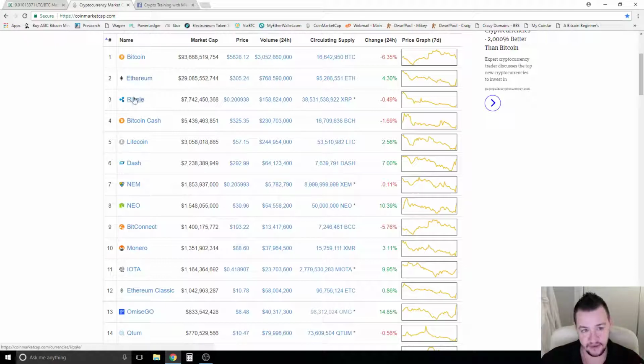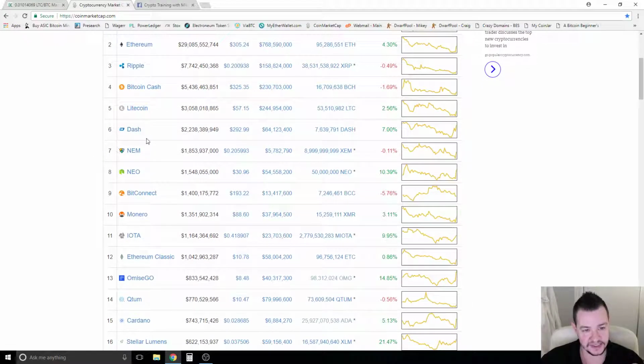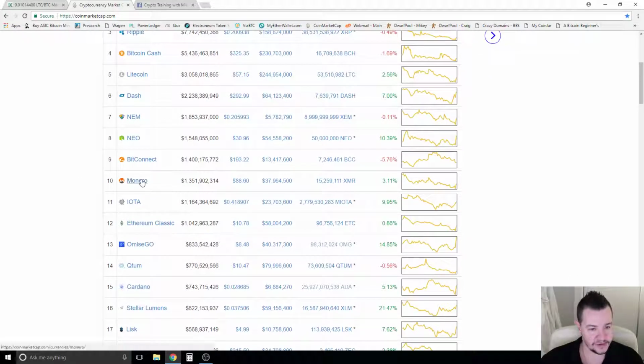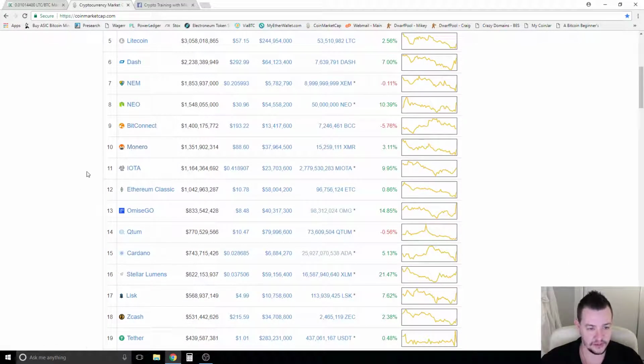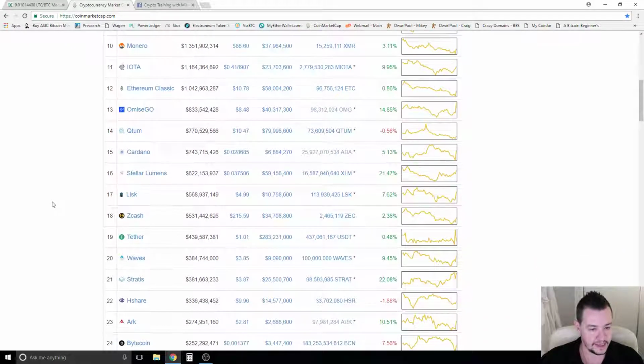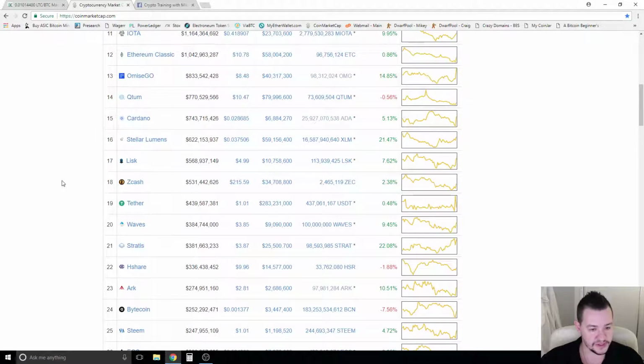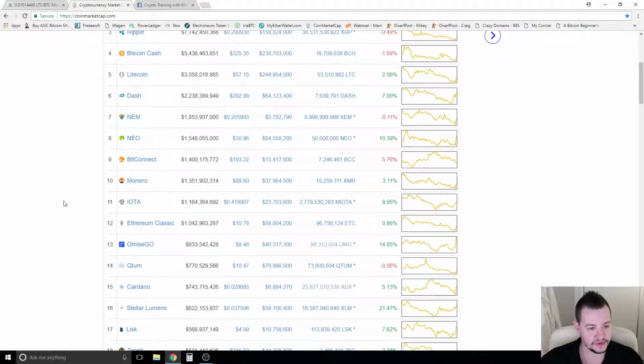Bitcoin's been there, Ethereum's been there, Ripple's been there, Bitcoin Cash has been newly added after the last fork. Litecoin's been up here, Dash has been up there, it's a mineable coin. NEM's been up there for a while. Neo's obviously pumped up a bit recently. Monero's been up there pretty much the whole time, another mineable coin. Ethereum Classic's been in there. Those are the ones you want to be putting the majority of your capital into.